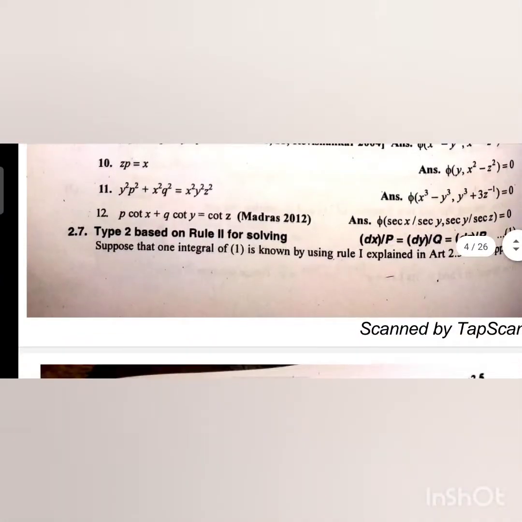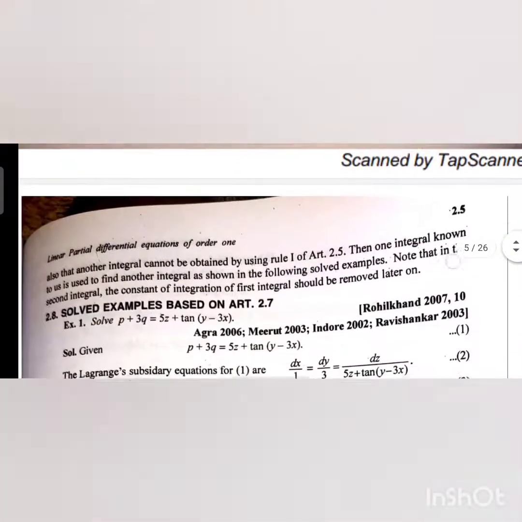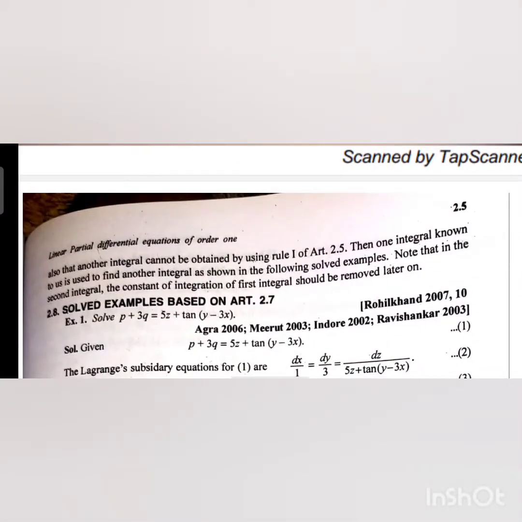Now type 2, based on the rule for solving dx upon P is equal to dy upon Q is equal to dz upon R. In this type 2, suppose that one integral is known by using rule number 1. Rule number 1 is that we take any two fractions, integrate them, and find the value of the constant. This integral is then used to find the other integral, as shown in the following solved example.